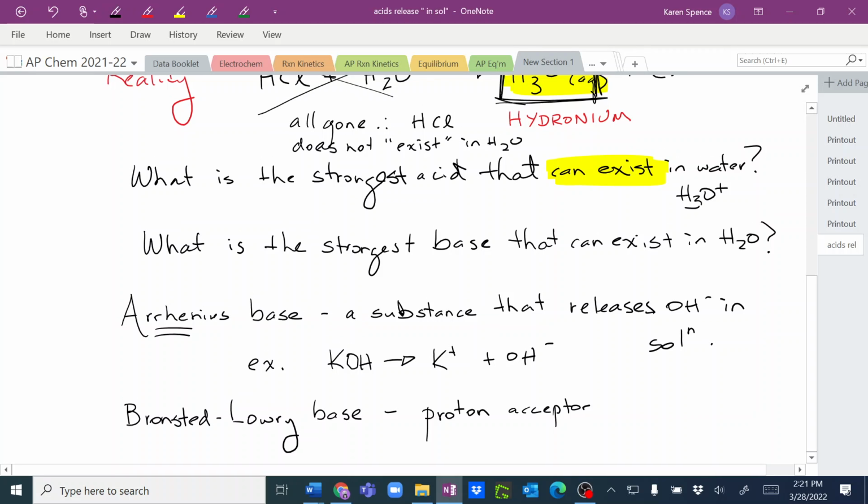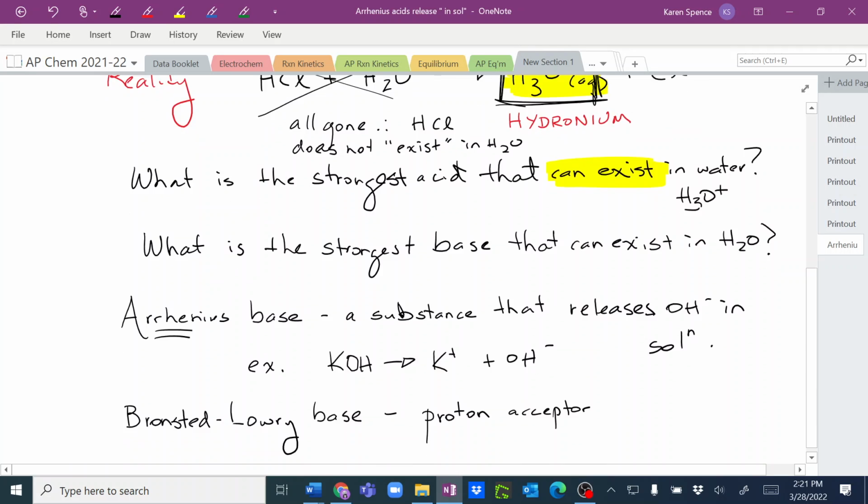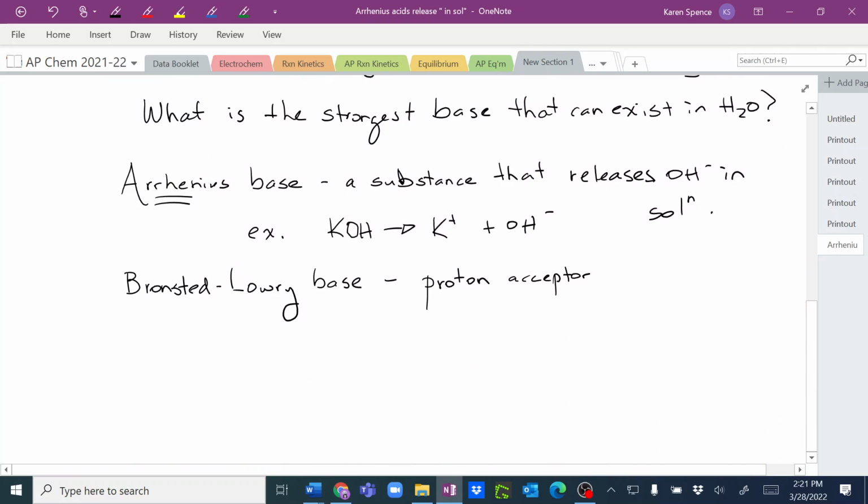So Bronsted-Lowry acids also qualify as Arrhenius acids, and vice versa. All Arrhenius acids also qualify as Bronsted-Lowry acids. But with bases, and this is why they really had to come up with a different definition, you can't give this one as an example for a Bronsted-Lowry base.